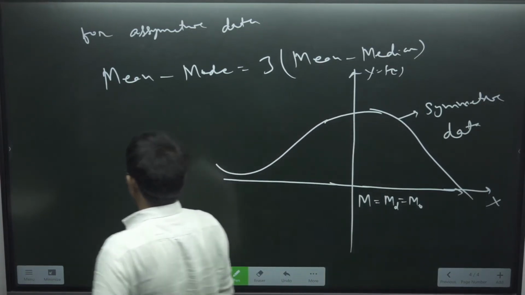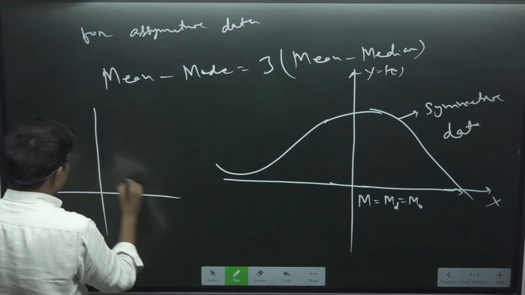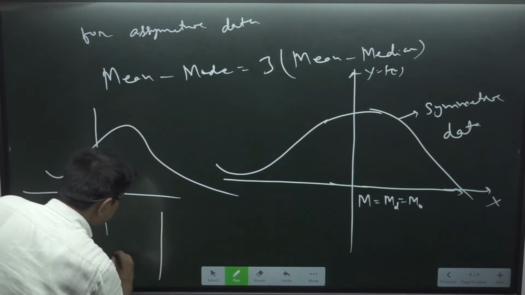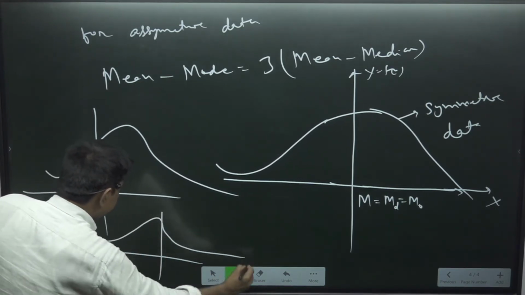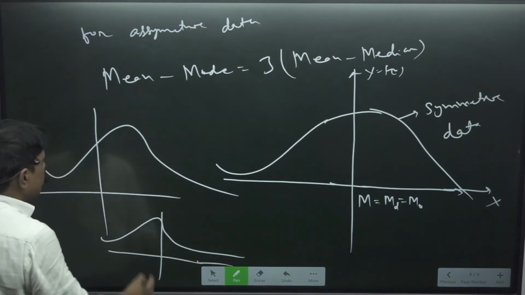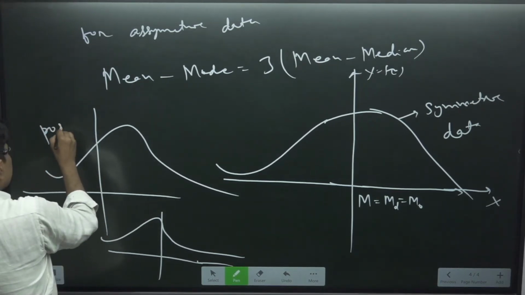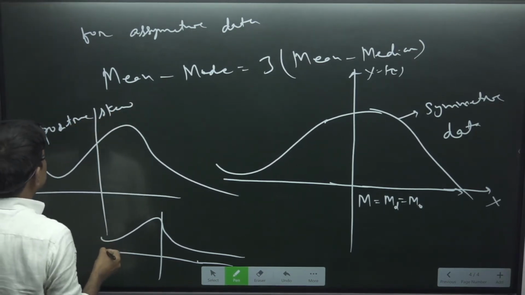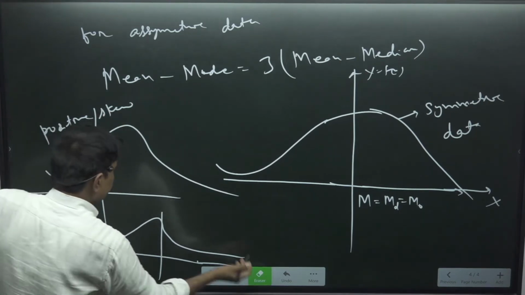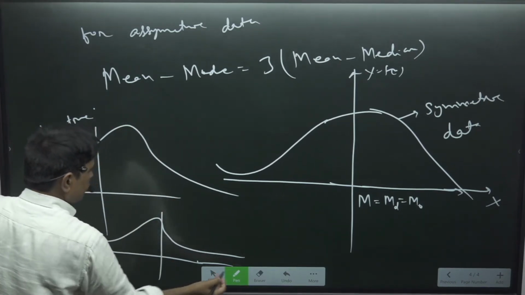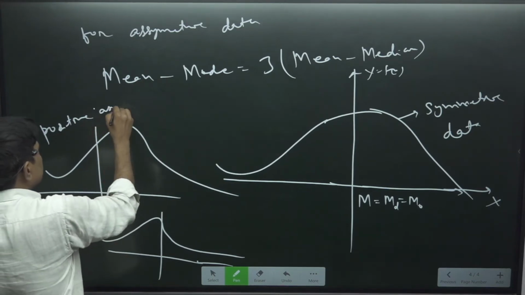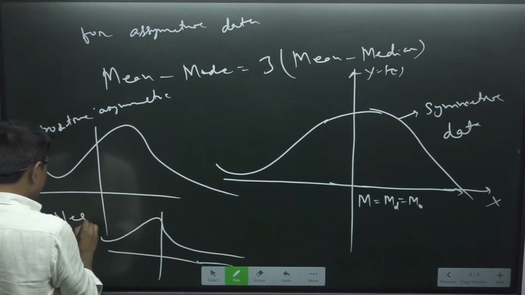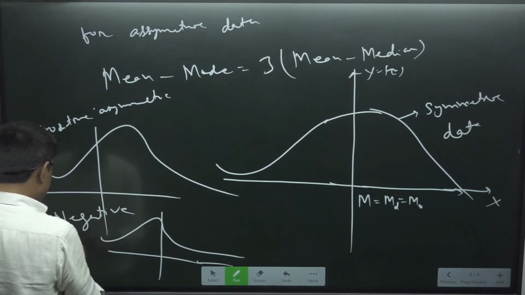For asymmetric data, it may be positively skewed or negatively skewed.